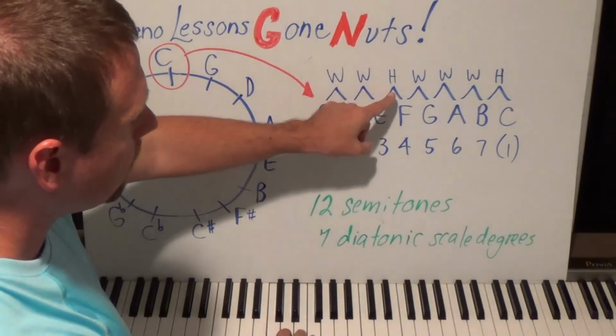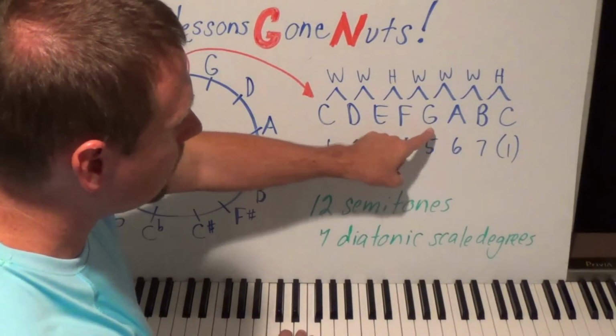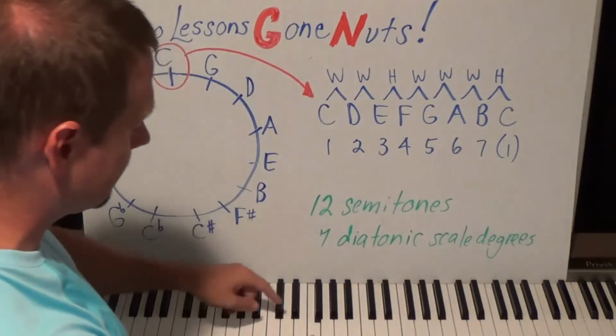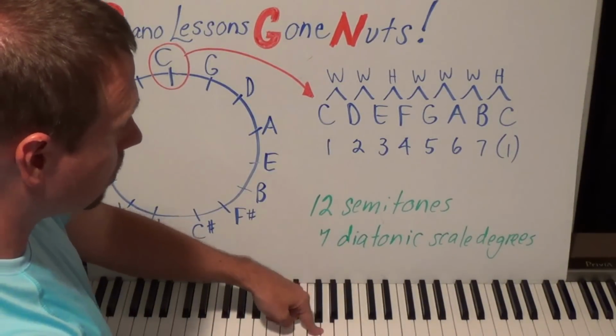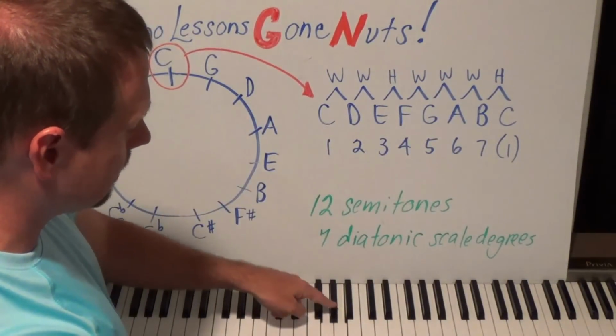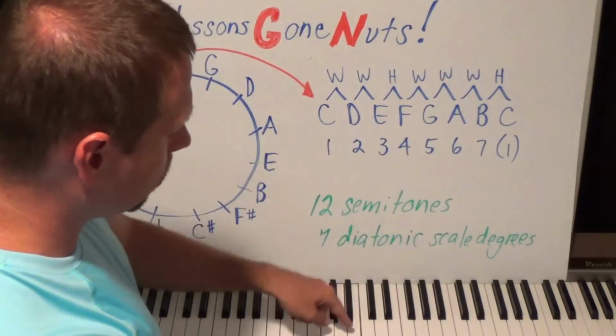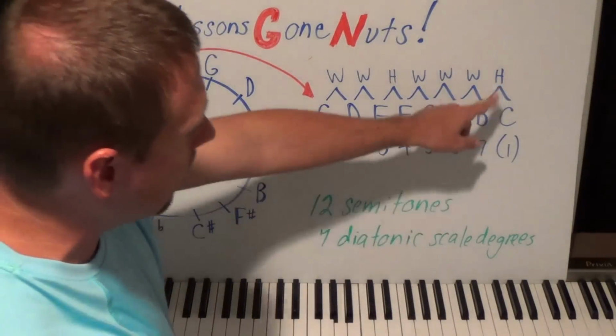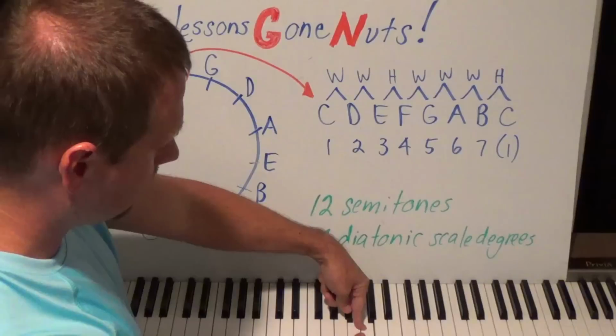Whole, whole, half. Now, from F to G, from 4 to 5, I'm going to do another whole step. So that I skip over F sharp and I go to G, so that's a whole step. Now from G to A is also a whole step. There's the W again because I skipped this one. A to B is a whole step. And then naturally, when we get back to number 1 again, there's a half step, see? Because there's no note in between.